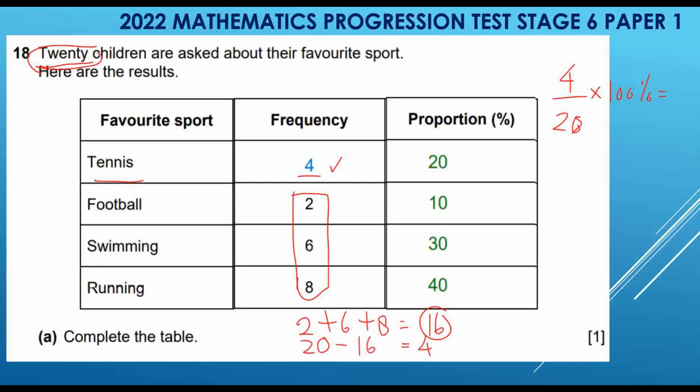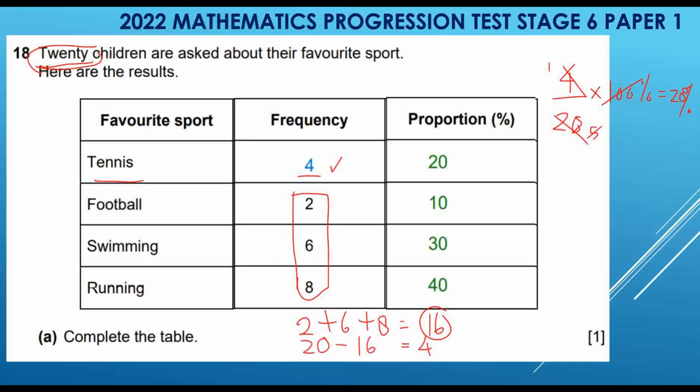So it equals 4 divided by 20 is 1/5. Now 100 divided by 5 is 20. That's how we got 20%.